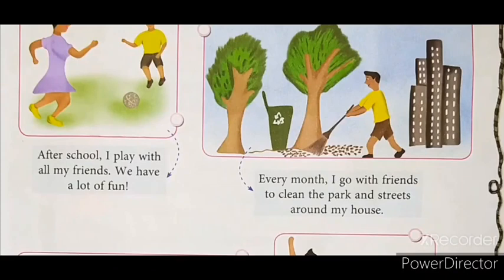Students, you don't want to clean the park and streets at first. First you clean your house, even your place in your home. Then every week clean your school bags. Then you start to do this activity with your friends. If you do this activity with your friends, you will learn many things. At first, you start from your home.